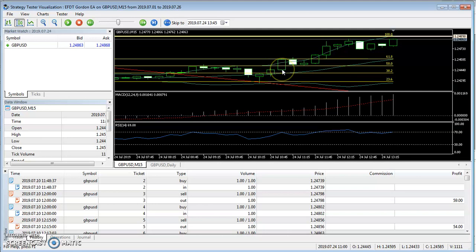You can also see that this candlestick breaks through the upper Bollinger Band. A good signal to enter a trade.